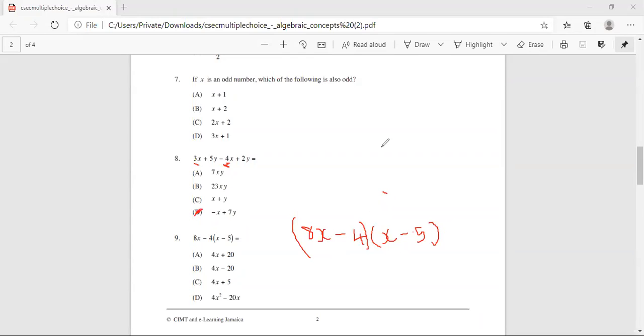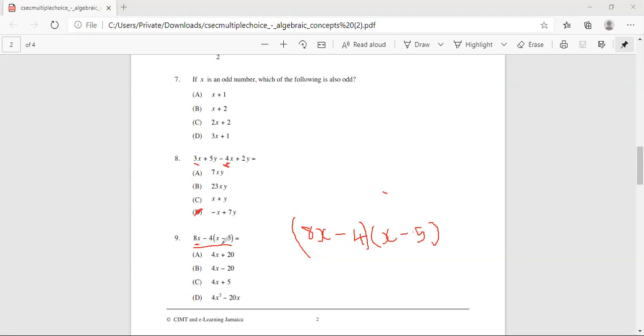So it's 4x. So that means 8x has nothing to do with this bracket.